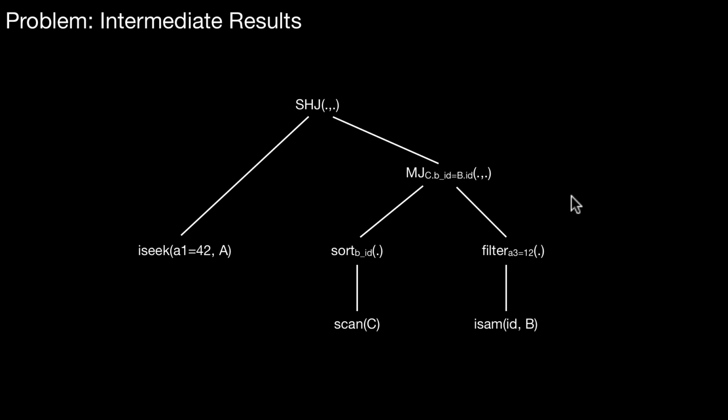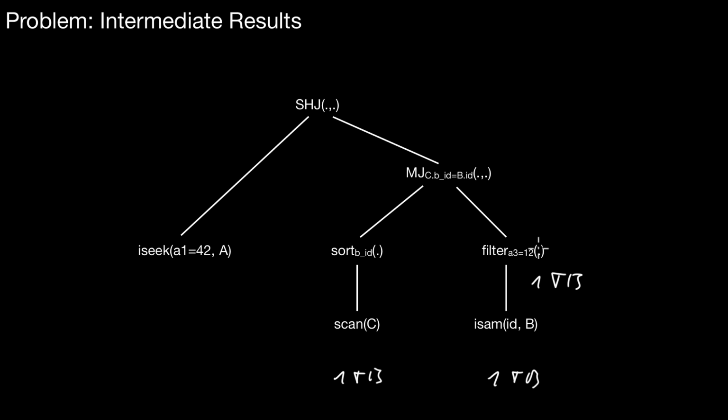And we see it again if you zoom in into the graph. So here, if you make the assumption that C has originally 1 terabyte, B has originally 1 terabyte, so we don't filter anything here. Of course, this means this intermediate result that is passed from this function to the next function above is also 1 terabyte.